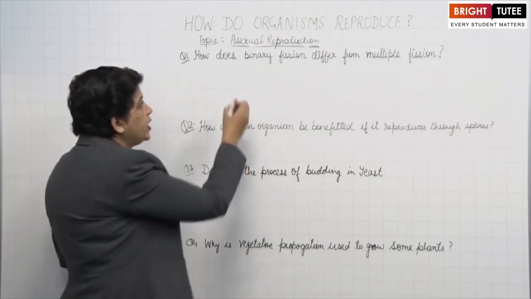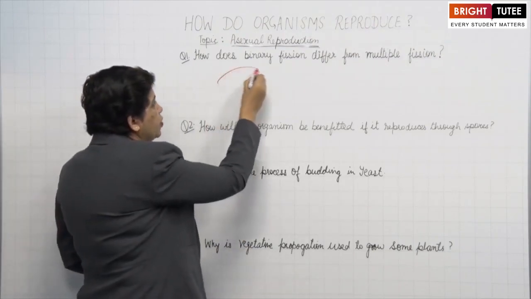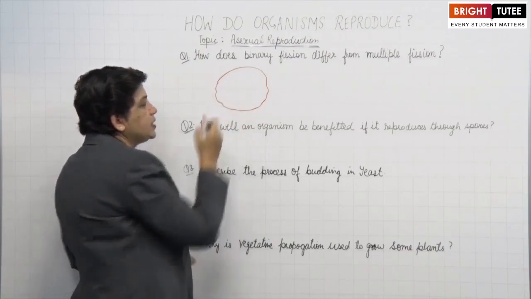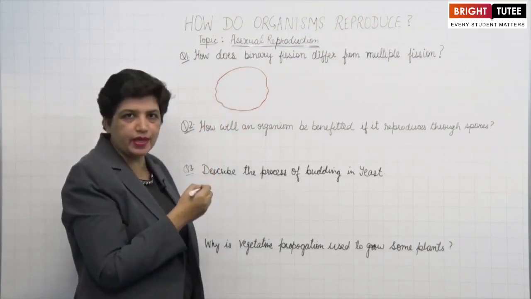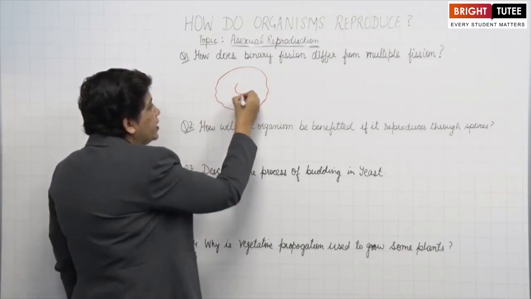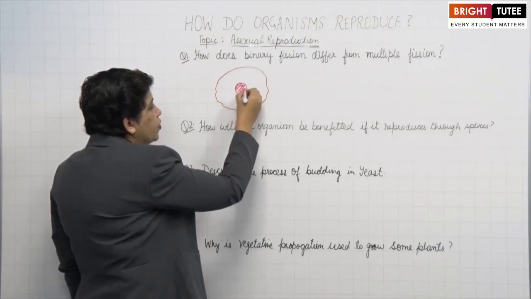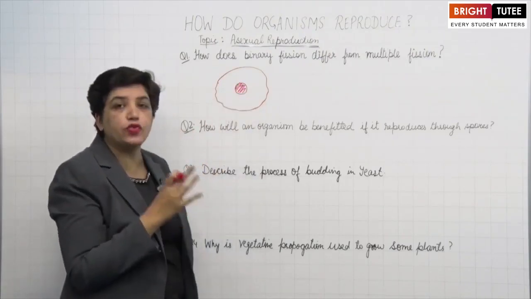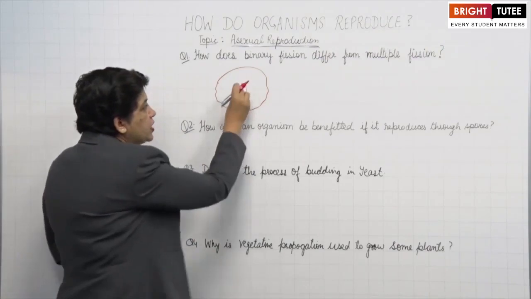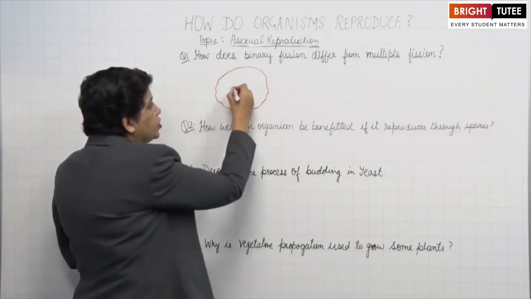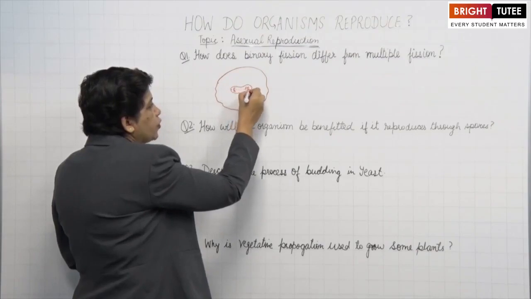Now, if you remember, in binary fission, what happens? There is a unicellular organism. Let us take up an example of amoeba with a nucleus. When this cell is ready for reproduction, first the nucleus starts dividing into two. It elongates and it starts by duplication of chromosomes.